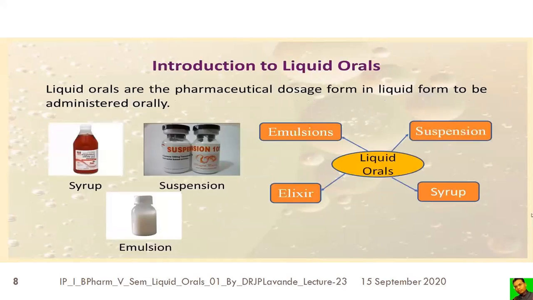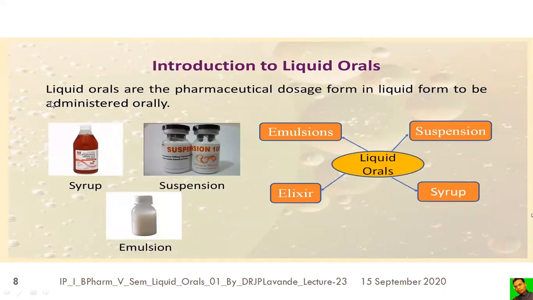Yes, very correct. All the examples you told at the beginning are covered here. You can see the liquid orals give you the syrup kind of dosage form, the suspensions, emulsions, elixirs, and the syrups.